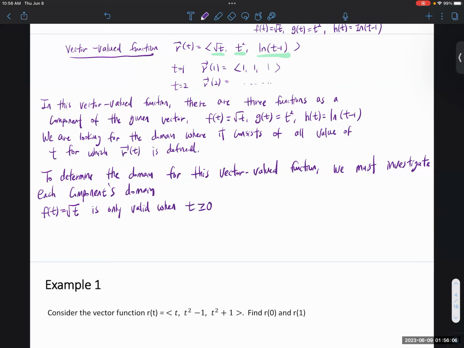This is the domain, including 2, stop at 4, and do not include 4, so open parenthesis. So this is the domain.